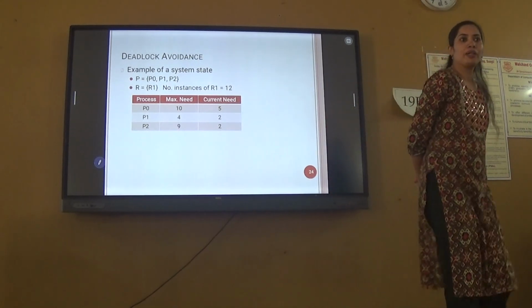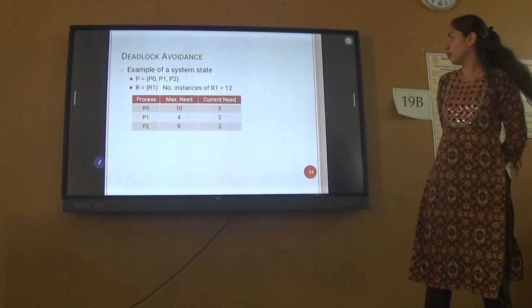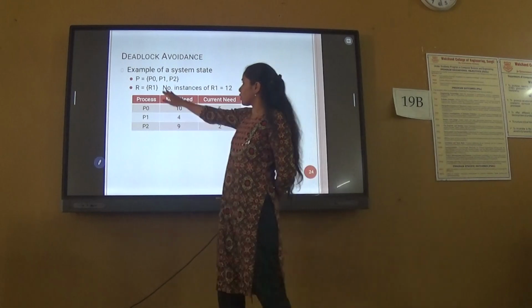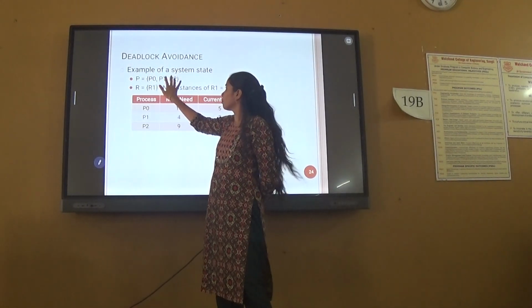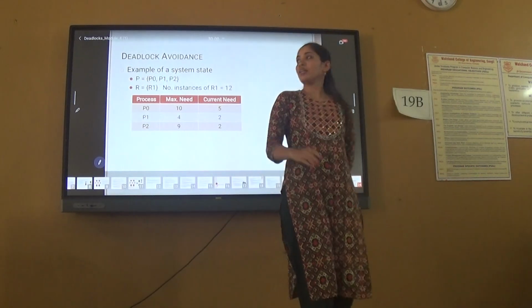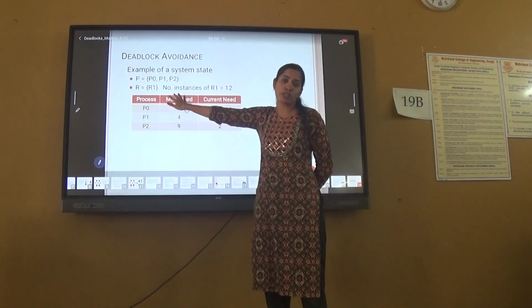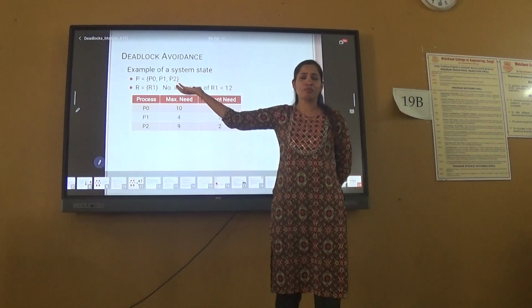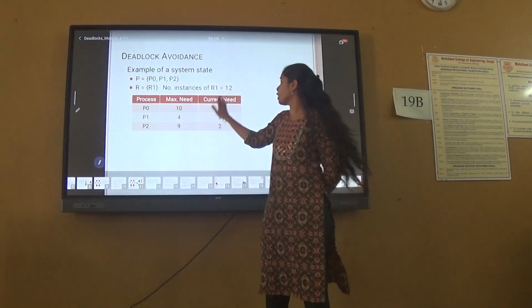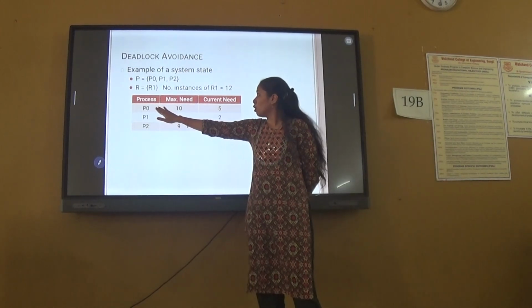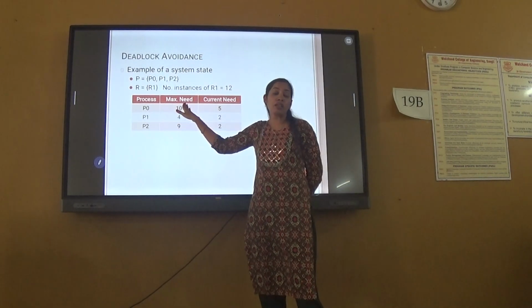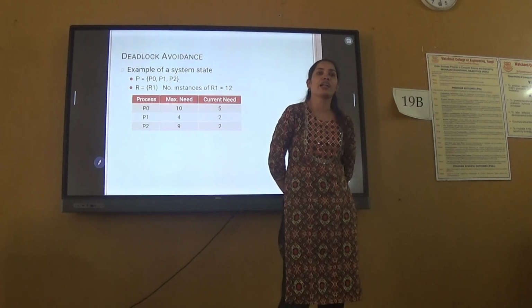Now read the example. In the operating system, there are three processes, P0, P1, P2, and let's say there is only one resource, a printer or USB drive, which has 12 instances. Now process P0 demands 10 instances of R1.